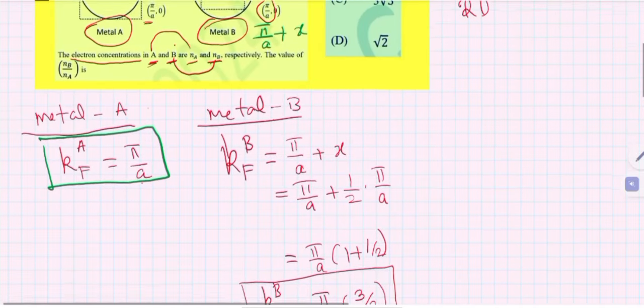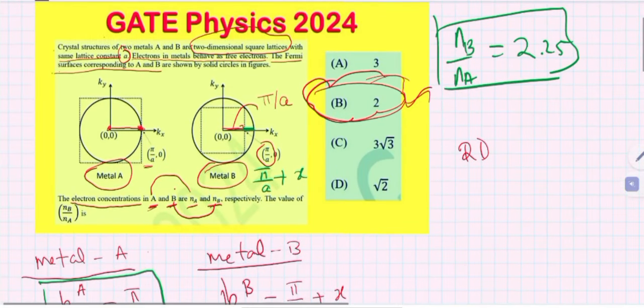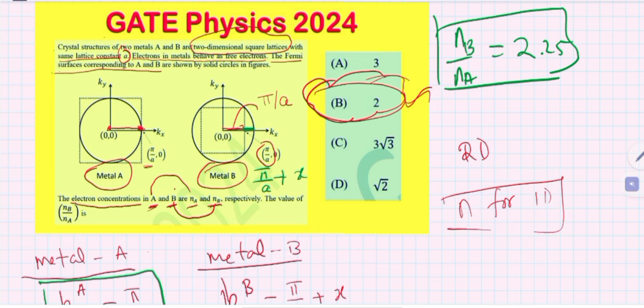For 1 dimension there is also a different relation for n. So based on what dimension they ask, we have to choose the n values and then solve the problem. So that's all.